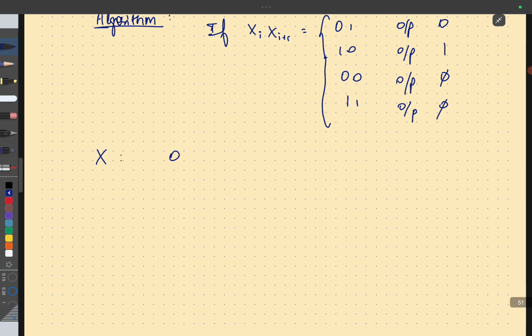So if the x string looks something like this, then the z string would essentially be, so this is 0 1, it outputs 0, then you see 0 0, so you output nothing, and then you see a 1 0, so you output 1, and you see a 1 1, so you output nothing, you see a 0 1, so you output a 0.